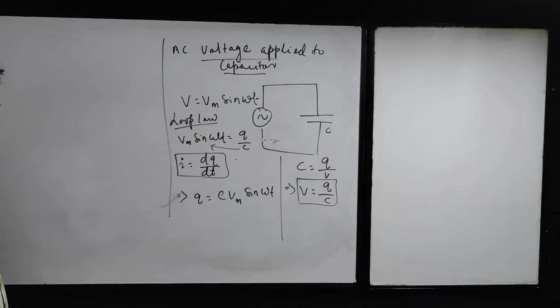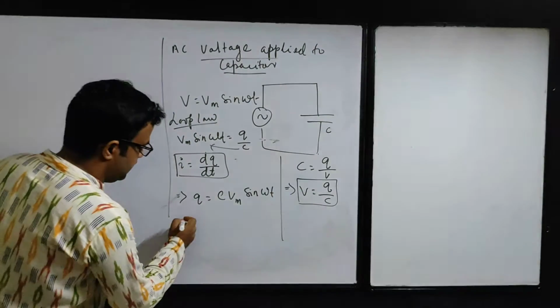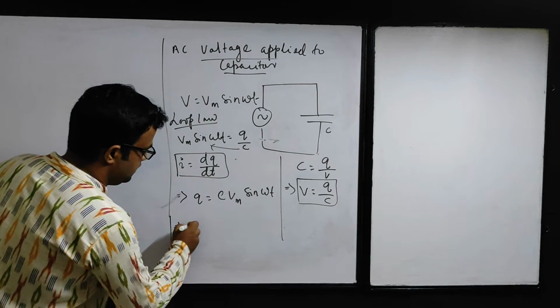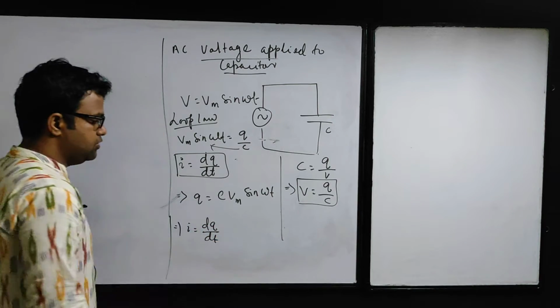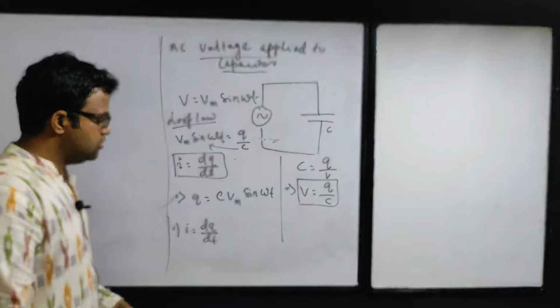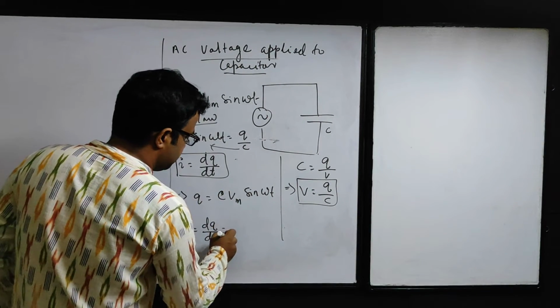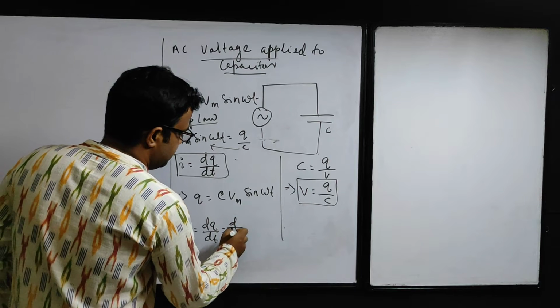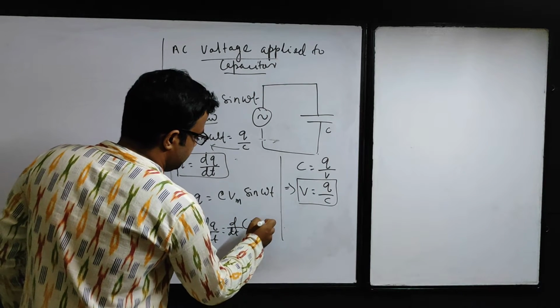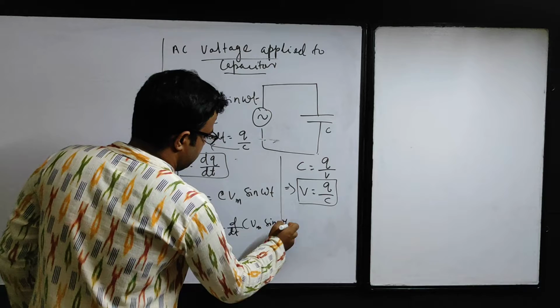Now what is I? Your I is dq by dt. So you will differentiate this one. If you differentiate this one, what will you get? d by dt of C Vm sin omega t.